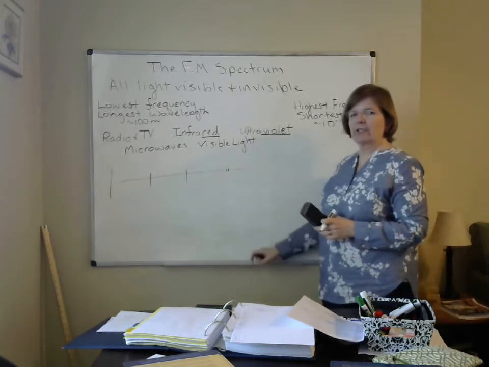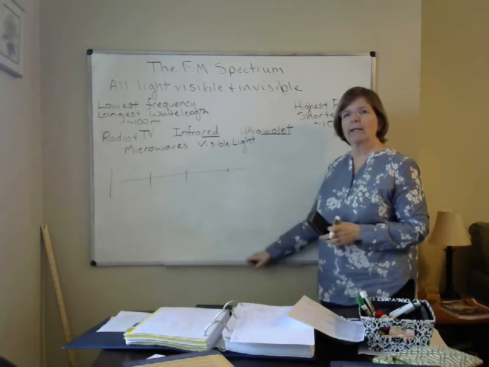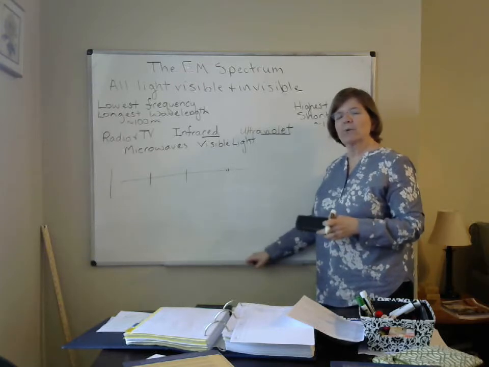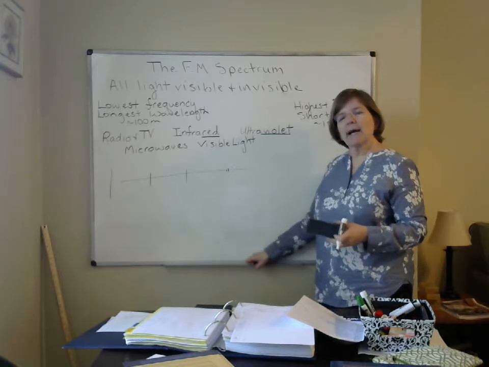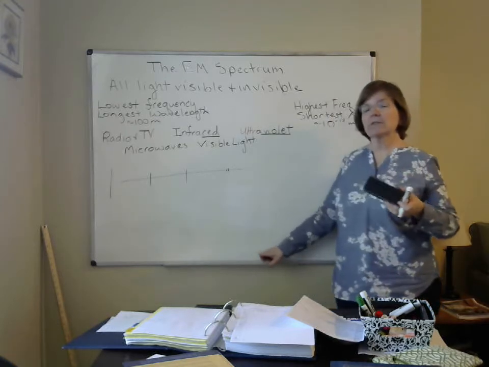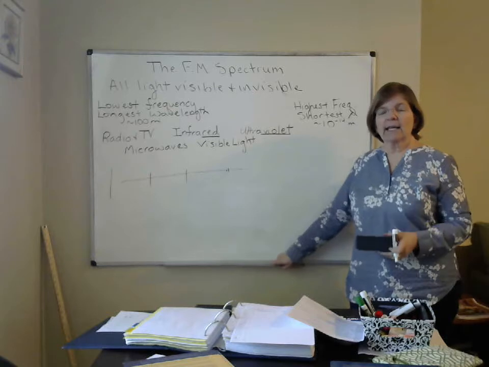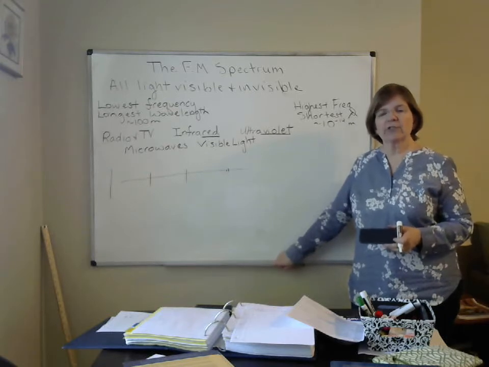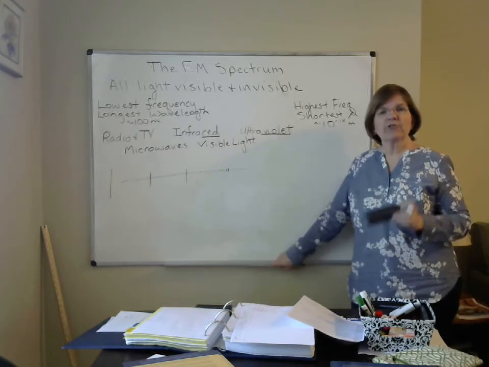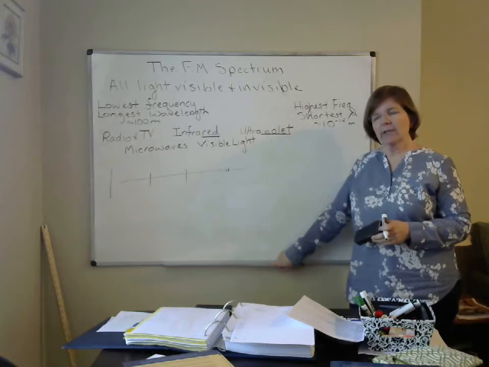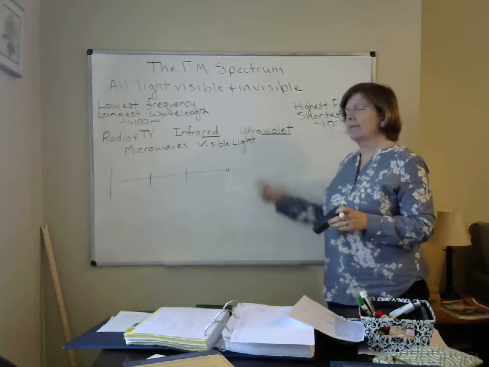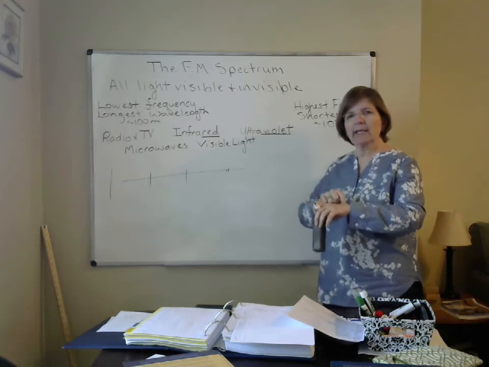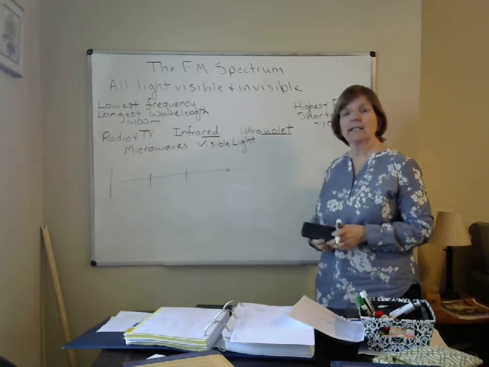UV radiation, I'm sure you've heard of that one. UV radiation is the one that's known for skin cancer. If you spend time outside, and we all do, you may not detect how much UV radiation that you're getting. Too much and you can get an obvious sunburn. But the problem is, it has enough energy to penetrate into the beginning layers of your skin.